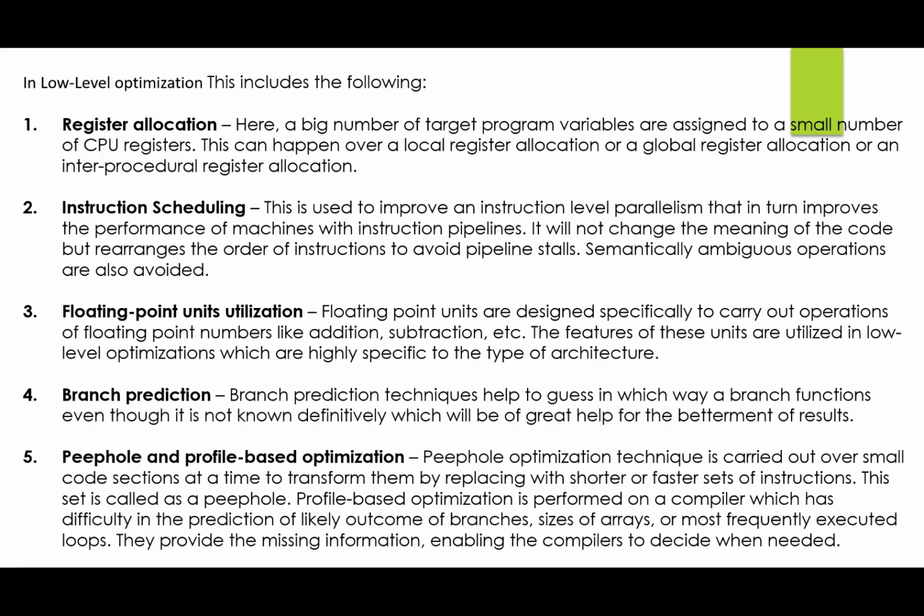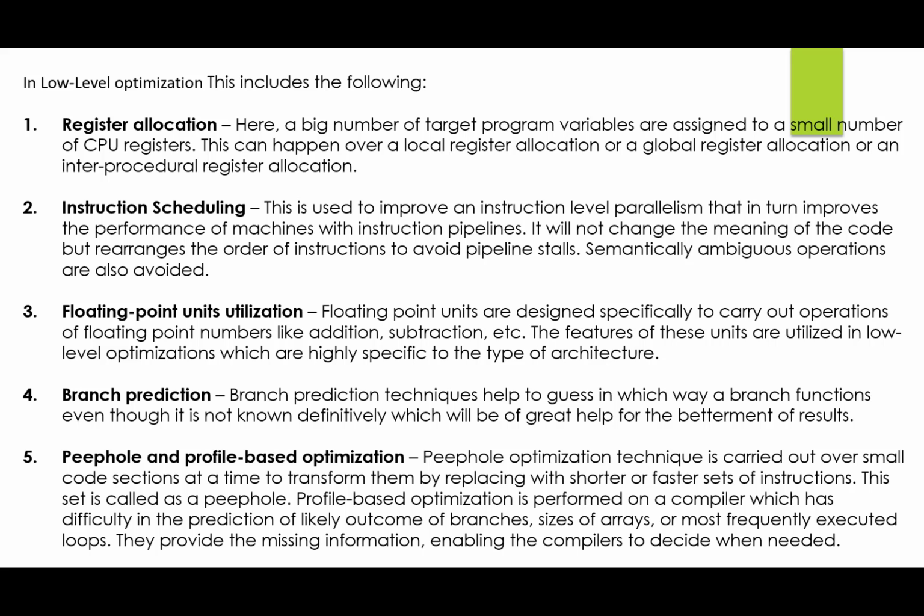In low-level optimization, this includes the following. Number 1, register allocation. Here, a big number of target program variables are assigned to a small number of CPU registers. This can happen over local register allocation, global register allocation, or inter-procedural register allocation. Number 2, instruction scheduling.